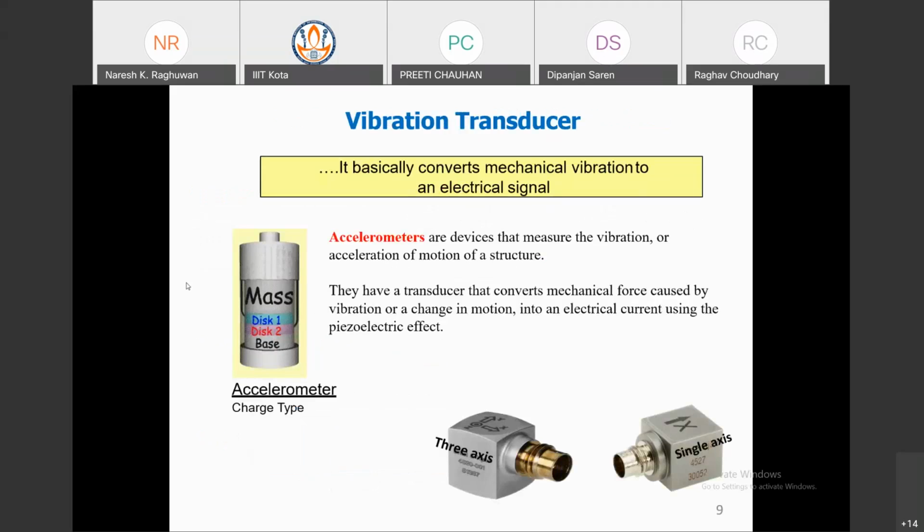So how will you measure the vibration? Displacement, velocity, or acceleration you can measure. Generally the most useful transducer is the accelerometer, used for measuring the acceleration of the machine, and many industries focus on this, because once you measure the acceleration, you can convert it into velocity or displacement.